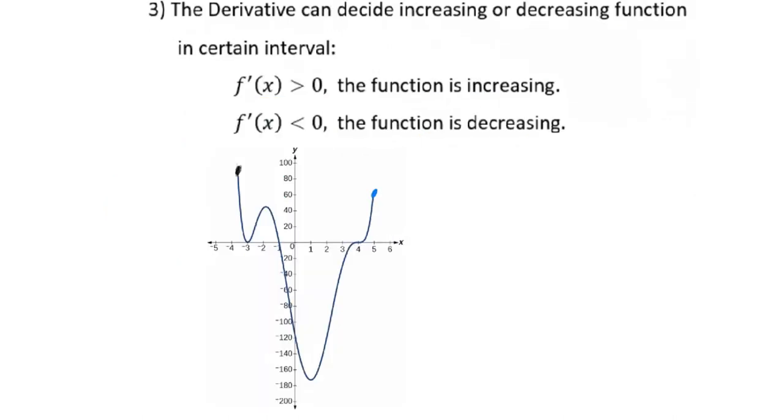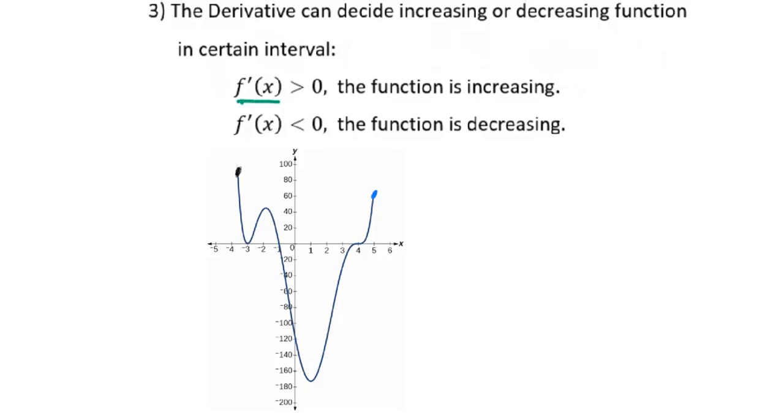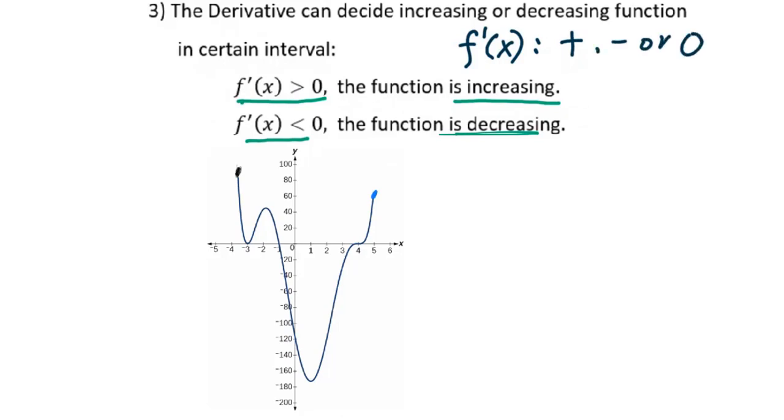The third one, the derivative can decide increasing or decreasing function in a certain interval. When the derivative is positive, the function is increasing. When the derivative is negative, the function is decreasing. So we use positive or negative or 0 to describe the derivative.